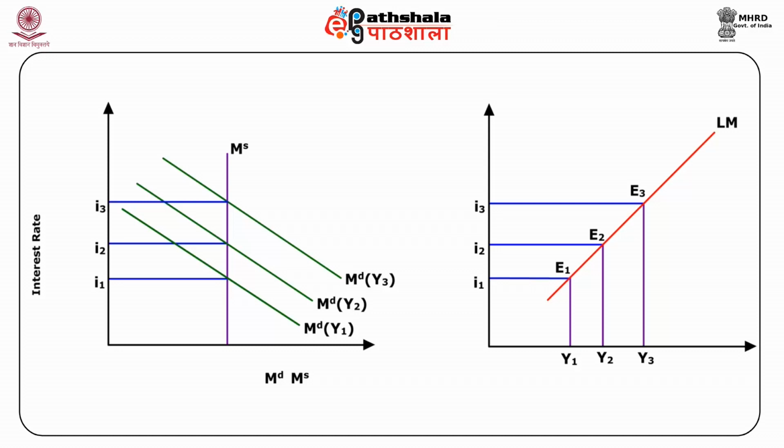Once the money demand curve shifts, there is money market disequilibrium at E1 as there is excess demand for money. Demand for money is higher because income is higher, but money supply is the same at MS. So interest rates rise. Remember, money demand is negatively related to interest rate.